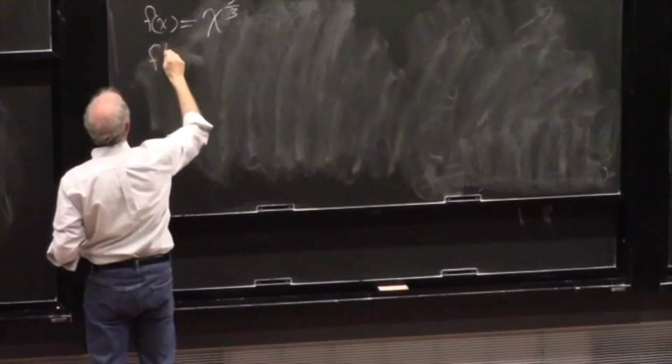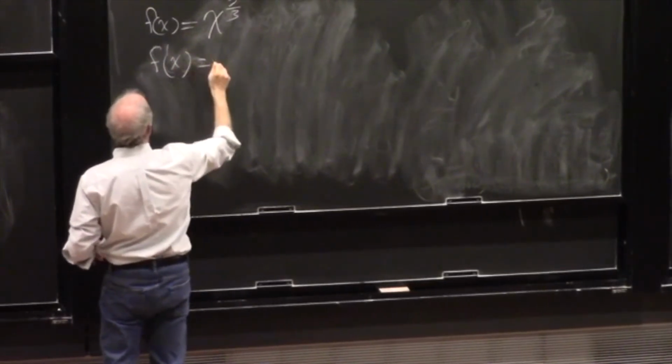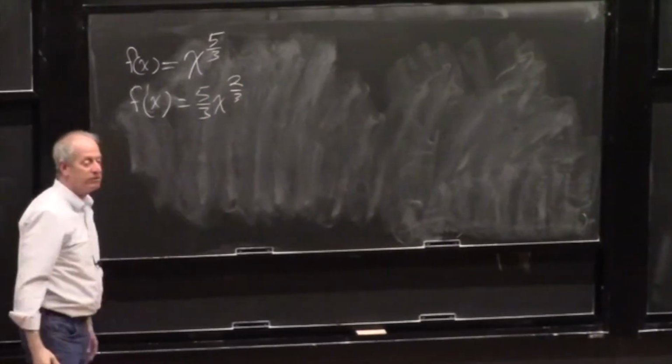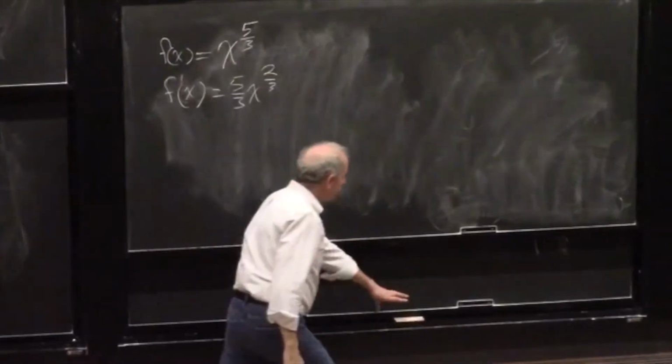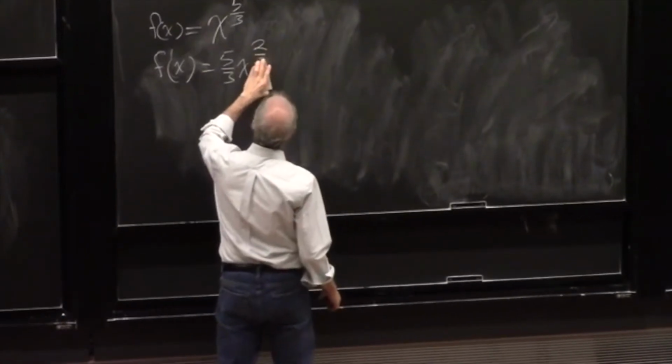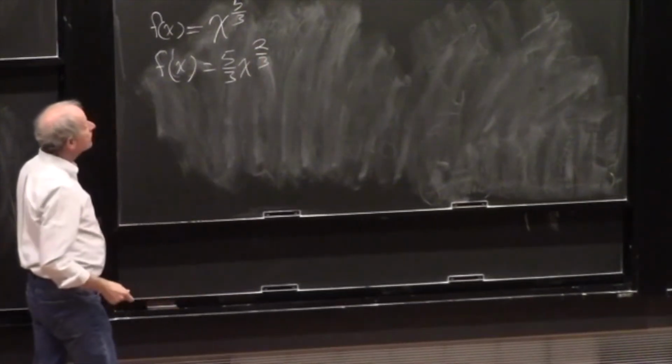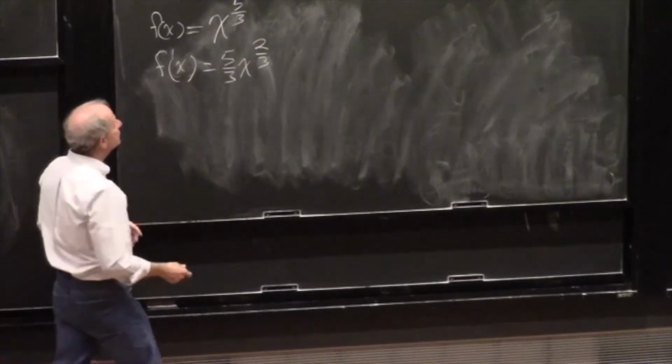Well, f prime of x is 5/3 x to the 2/3. Don't you hate those fraction powers? They're really annoying. So the only place this is 0 is at 0.